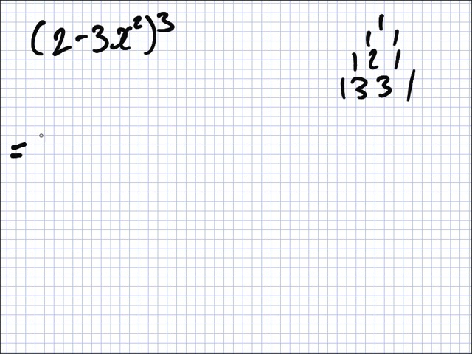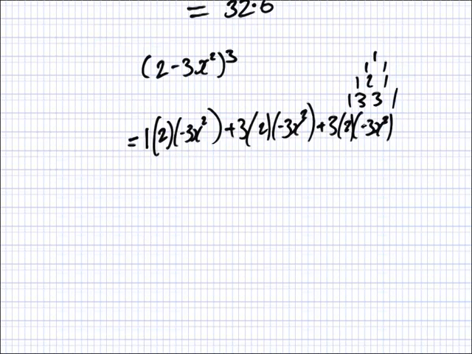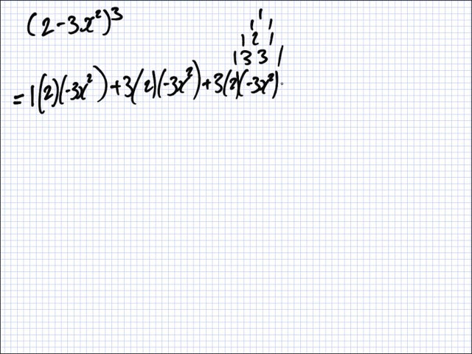So this will be 1 times (2 minus 3x squared) plus 3 times (2 minus 3x squared) plus 3 times (2 minus 3x squared) plus 1 times (2 minus 3x squared), with the powers going down and up.